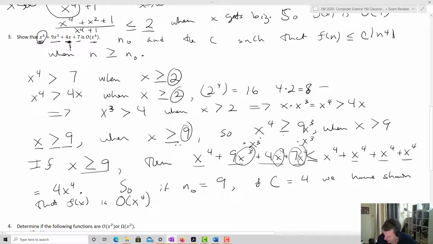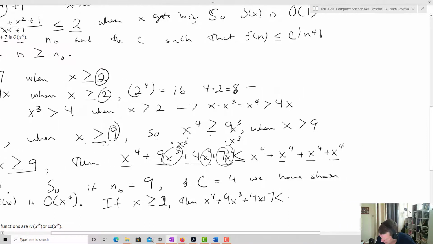And so if x is greater than or equal to 1, then x to the fourth plus 9x cubed plus 4x plus 7 will end up being less than or equal to x to the fourth plus 9x to the fourth plus 4x to the fourth plus 7x to the fourth, which equals 21x to the fourth.